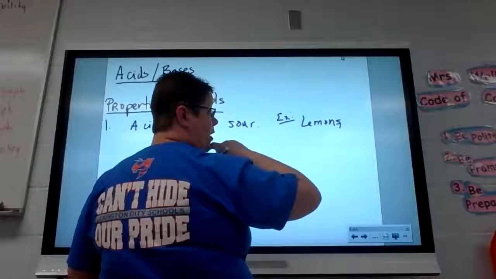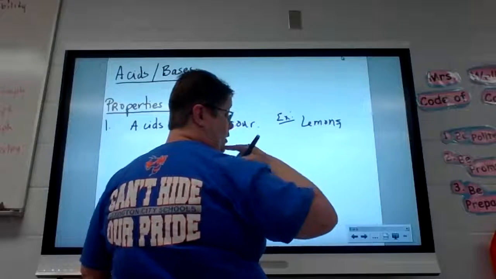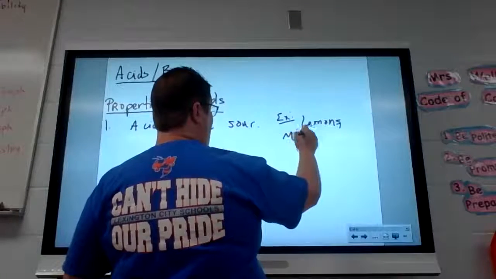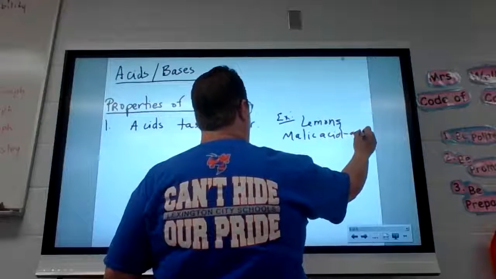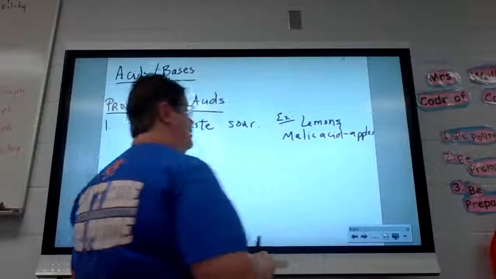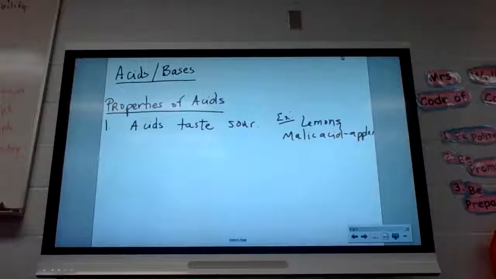Some of you would argue that oranges are too, depending on which ones you get. Malic acid is in apples, depending on which apples you get, if you're like Granny Smith. Warheads, rope candy, they're covered in malic acid. Depends on which items we're talking about.